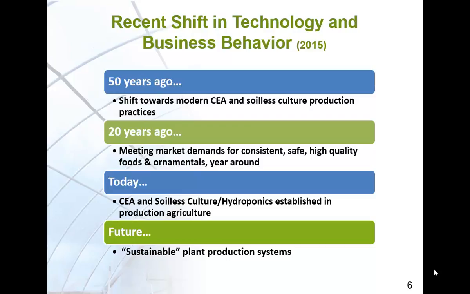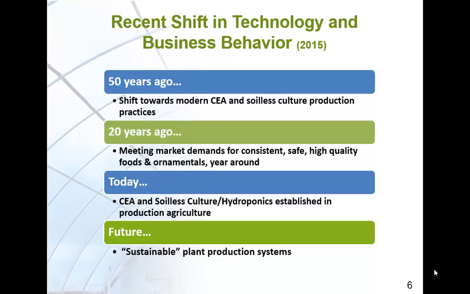Yet only 20 years ago, society began demanding consistent, safe, high-quality foods and ornamentals year-round. And thus, particularly in the United States, the greenhouse industry began to grow quite significantly. The remainder of the world, many parts of it, had already been utilizing greenhouses to produce their food and floral products.